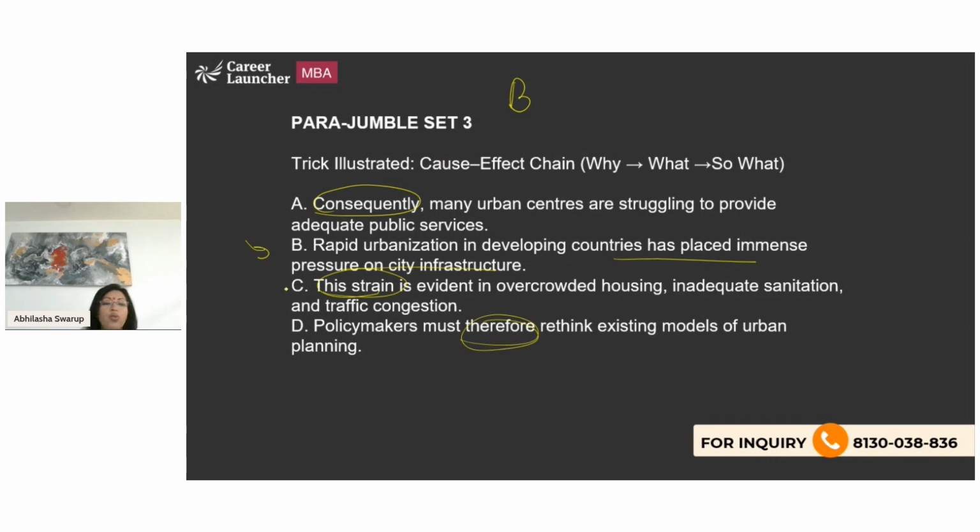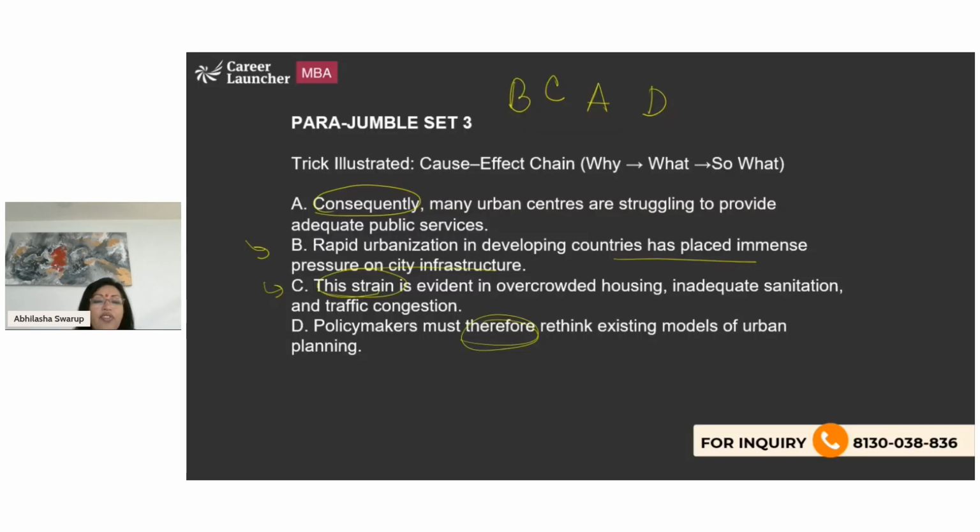Now, this strain is evident in overcrowded housing, inadequate sanitation, traffic congestion. Therefore, many urban centers are struggling to provide adequate public services, and policymakers must therefore rethink existing models of urban planning. Now, ideally, I think this should be BCAD.